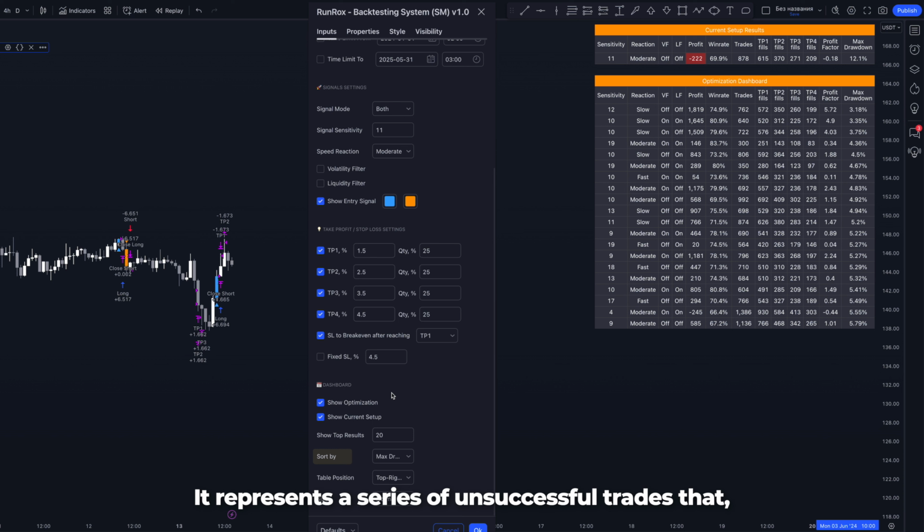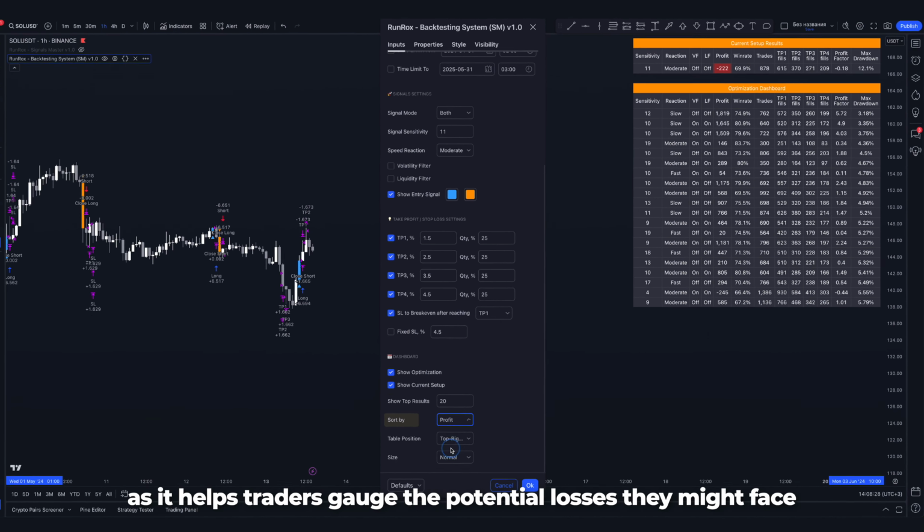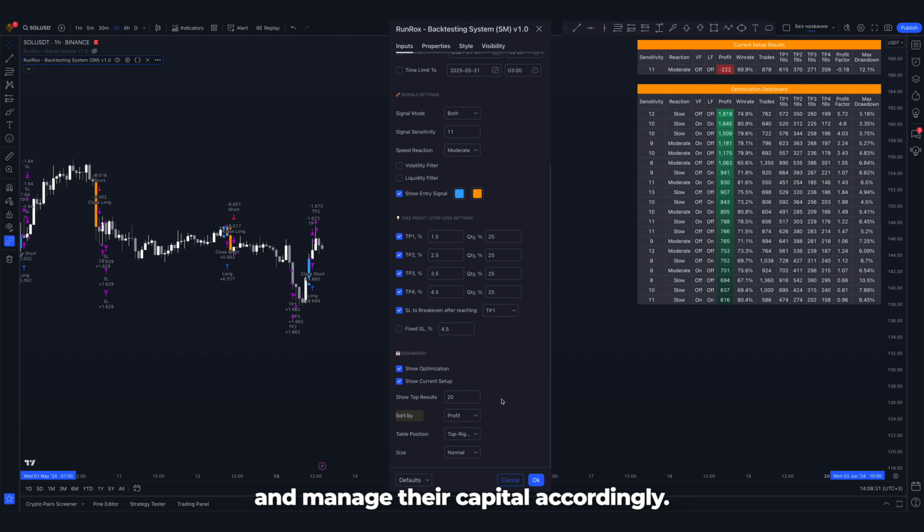It represents a series of unsuccessful trades that, when combined, resulted in a drawdown of, for example, 3.18% of our deposit, if we consider the top entry in the table. This metric is crucial for understanding the risk involved in a trading strategy, as it helps traders gauge the potential losses they might face and manage their capital accordingly.